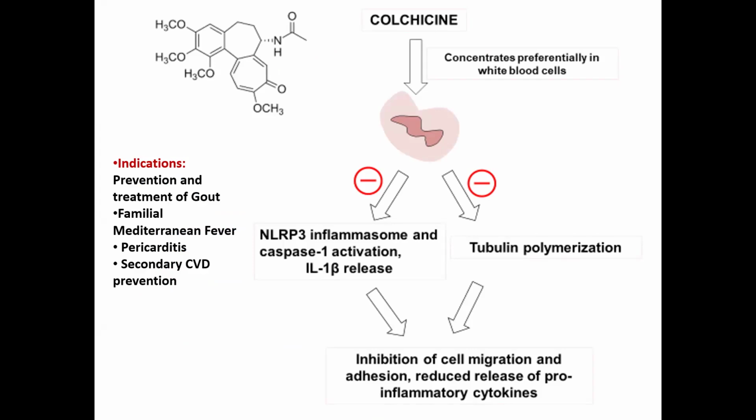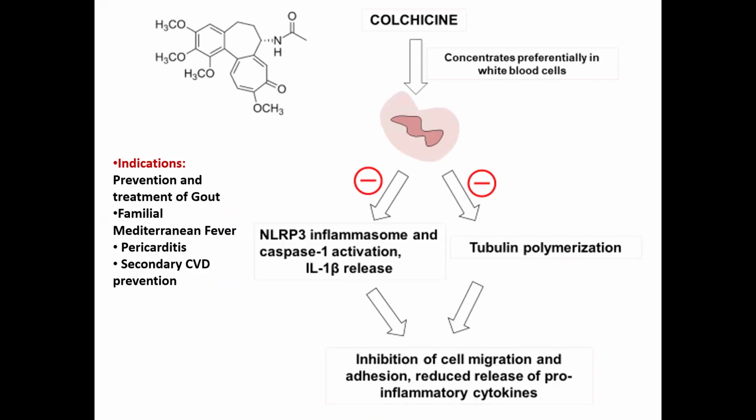Colchicine is used for prevention and treatment of gout. Nowadays, they found it has a use as secondary cardiovascular disease prevention because it's anti-inflammatory on the coronaries as well.